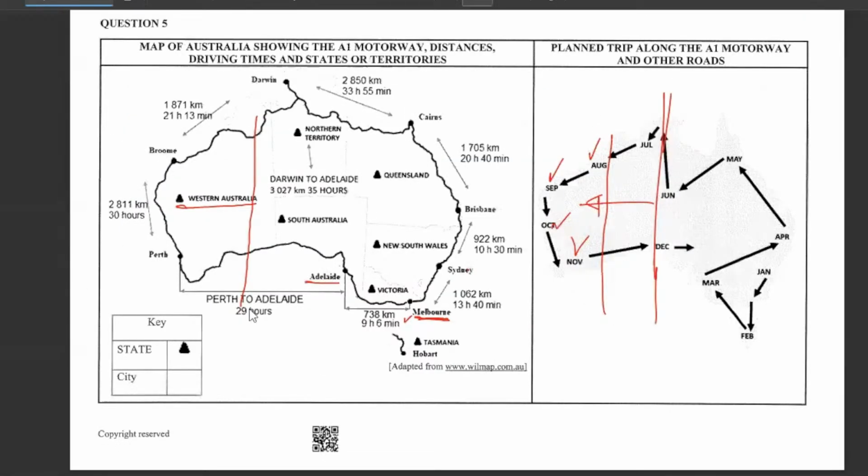You check very well that the other distances are given, but the distance from here to here is not given. They are just giving us 29 hours. So what you're going to do, we shall subtract all the other distances from the total distance that they gave us in the scenario.